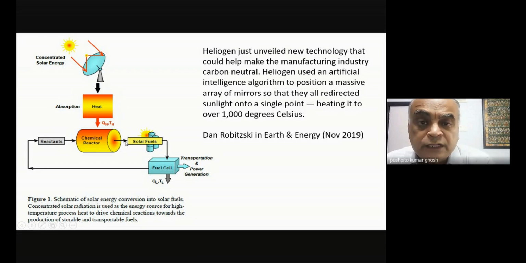So this is another area where there's a lot of work going on, and for people in green technology, this would be of great interest: how can you synthesize important chemicals using solar energy? I'll of course discuss this in more detail either in next week's lecture or the week after.